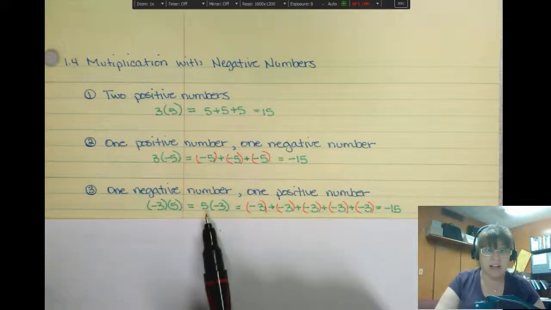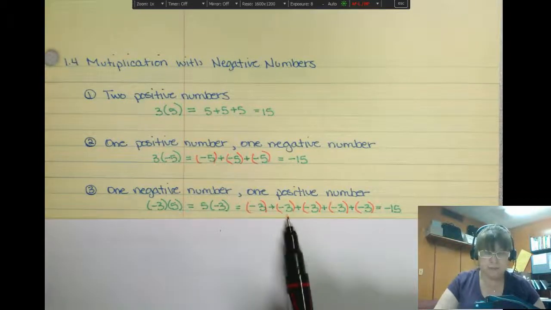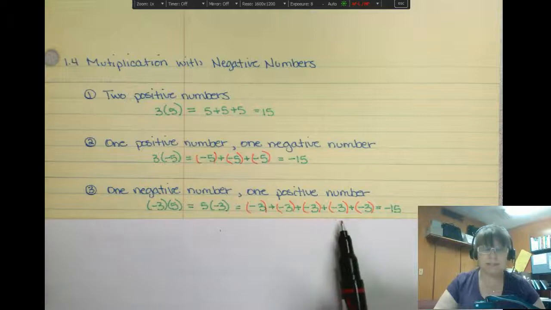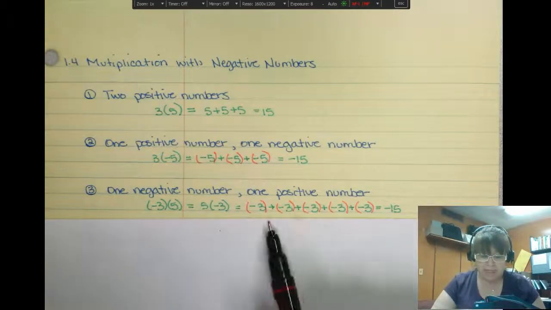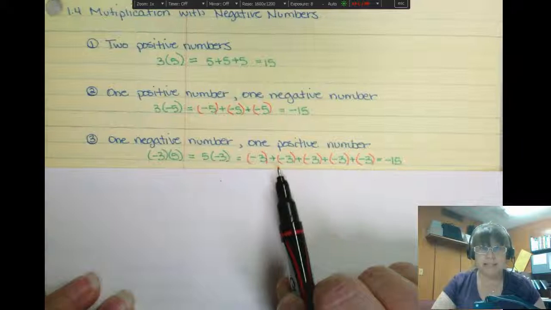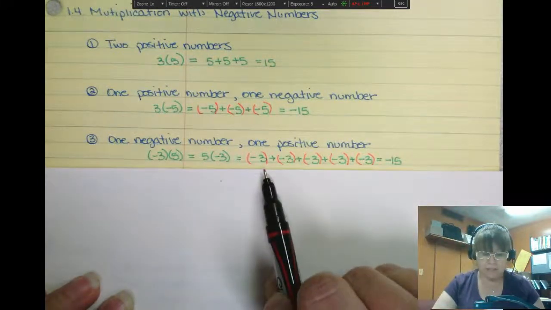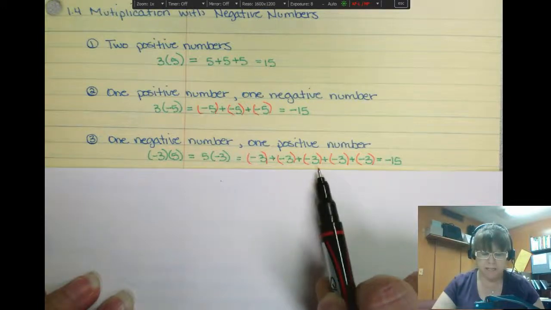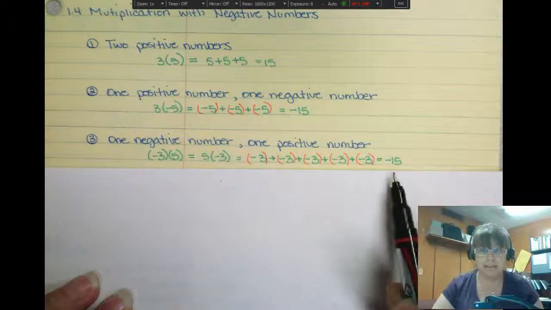So it means 5 negative 3s: negative 3 plus negative 3 plus negative 3 plus negative 3 plus negative 3. Then if we follow our rules for adding negative numbers, they're all the same sign, so I just add the 3s. 3 plus 3 is 6, plus 3 is 9, plus 3 is 12, plus 3 is 15, and keep the sign, so it's negative.